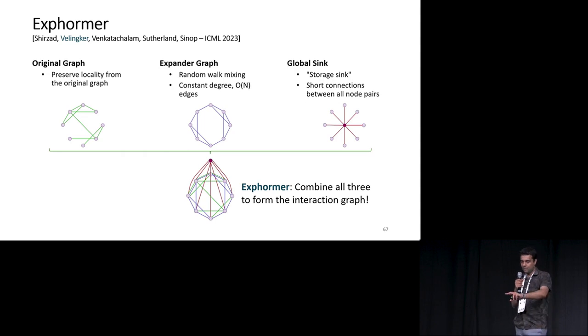This computational graph is formed by taking all three types of edges. So you get good properties here, but you don't need n-squared edges. This can be viewed as a sort of analog of Big Bird, if you're familiar with that, in sequence transformers.